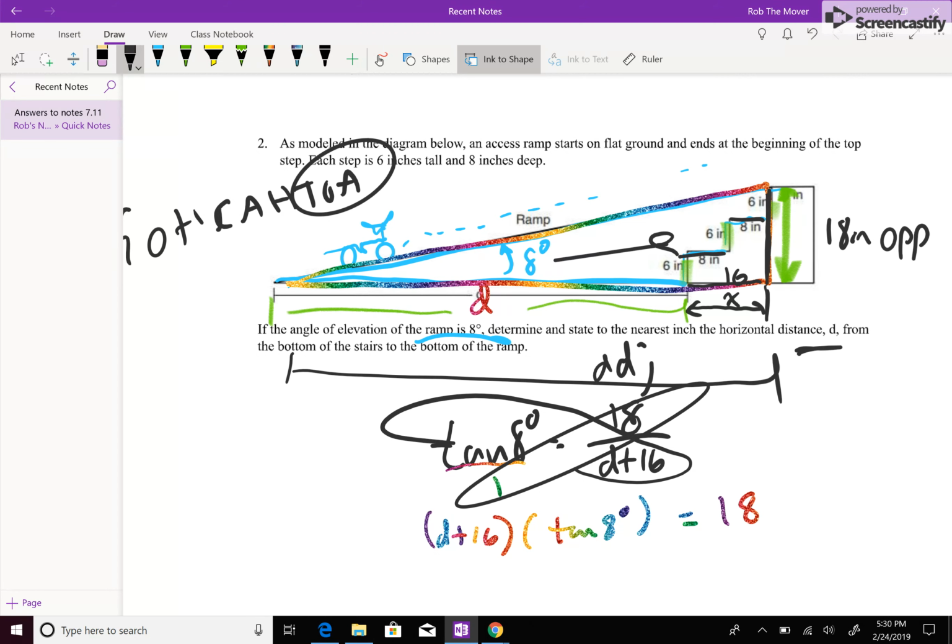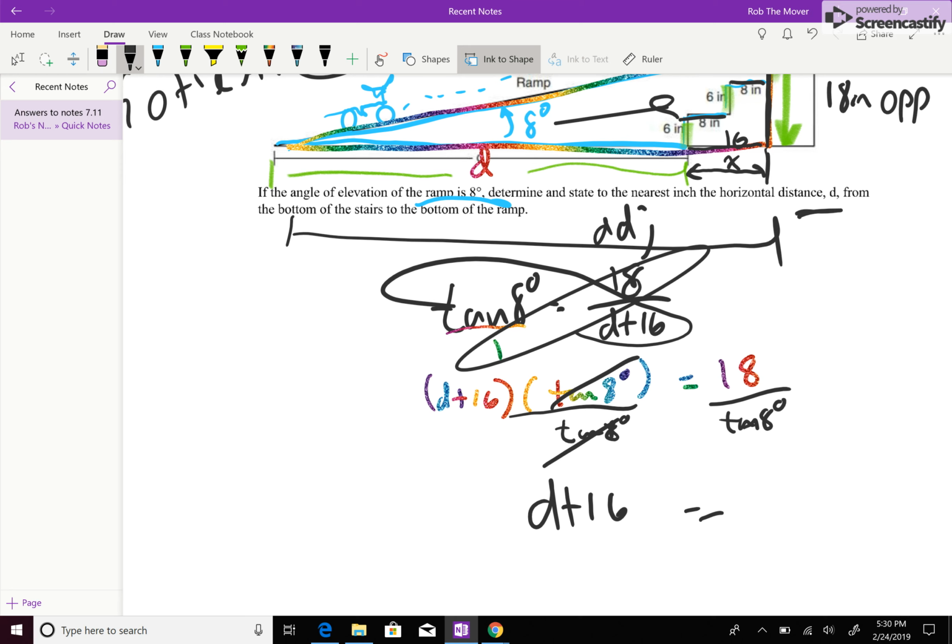Now, how do I solve for d? Well, let's go ahead and divide by the tangent of 8. That's going to give us this whole side d plus 16. So let me just move down here. D plus 16, once I divided by tangent of 8 on the left, I got d plus 16 left over.